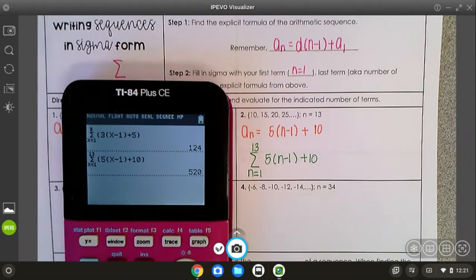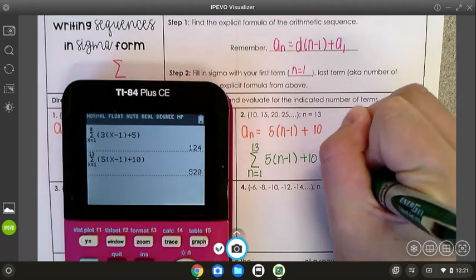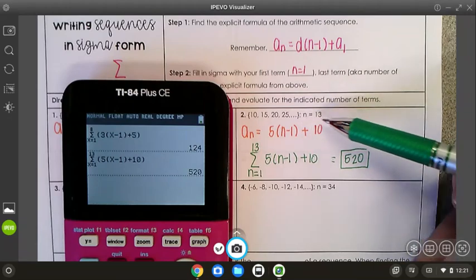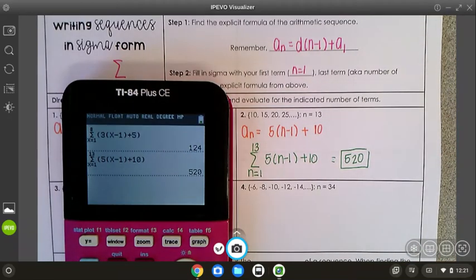We get 520. So if I were to add 13 of these numbers together, the first 13, it should equal 520.